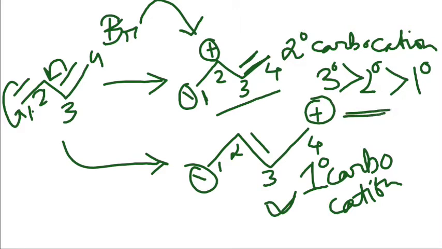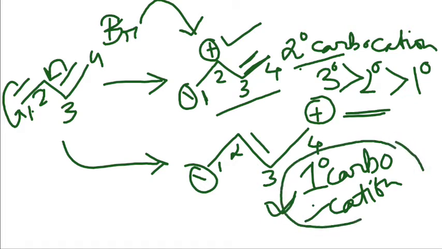But the kinetic product has the transition state of the secondary carbocation, which is more stable than the transition state of the primary carbocation of the thermodynamic product. So the thermodynamic product, which has the higher transition state due to the lower stability of the primary carbocation, is still the major product.